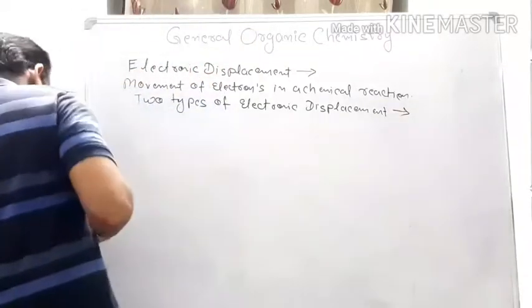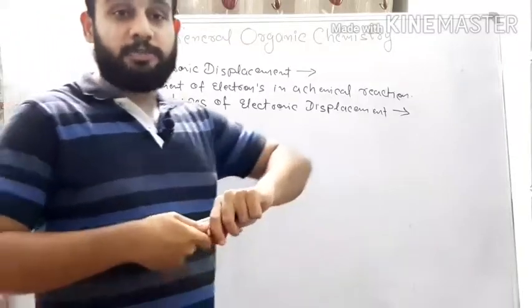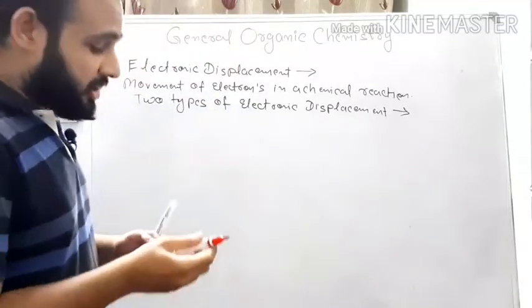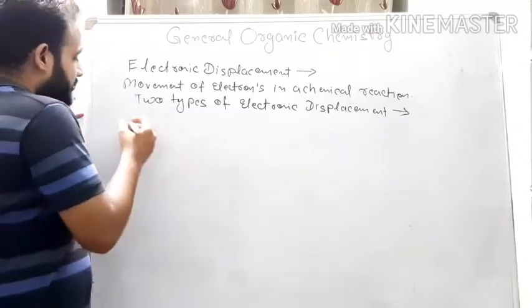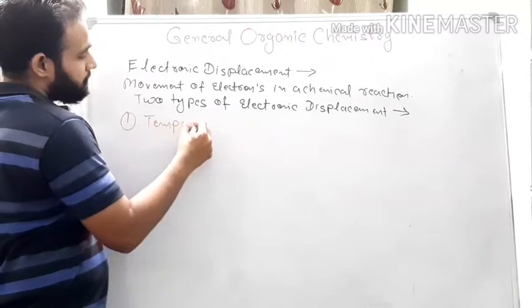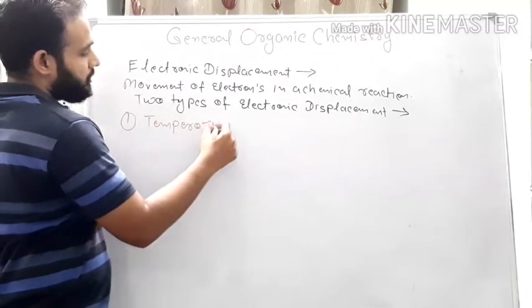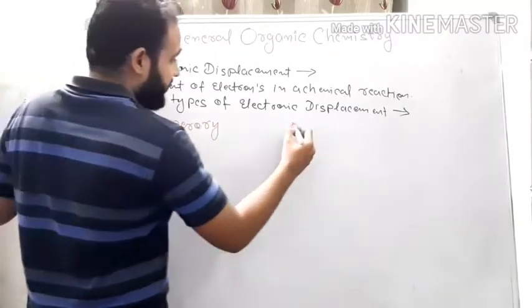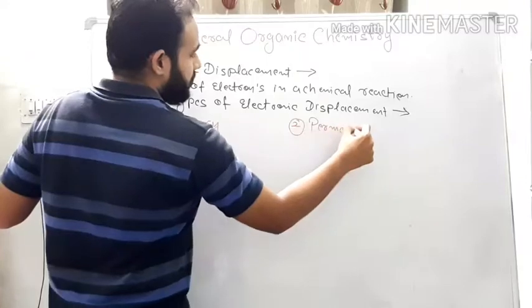The first type is temporary electronic displacement, and the second type is permanent electronic displacement.